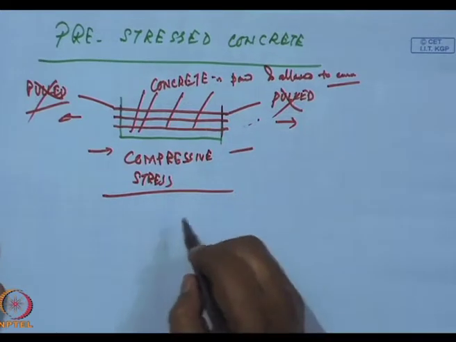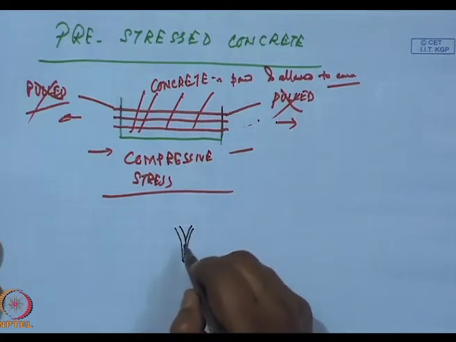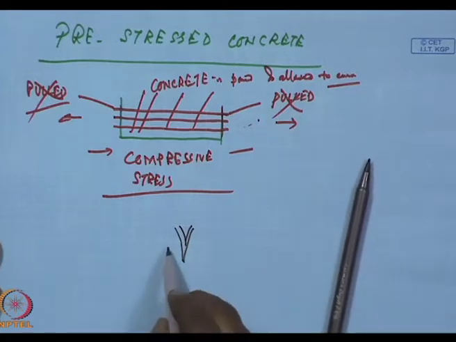As I had drawn earlier, this is a flaw that is propagating. If there is compressive stress, this propagation is stopped. The flaw is proceeding, but then if there is compressive stress, what would happen? The flaw would be forced to close, and as a result, further propagation of the fracture is stopped.